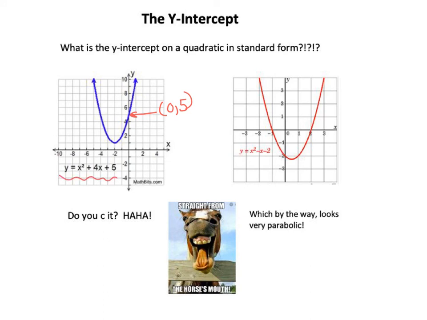What about this one here? What's my y-intercept? It would be 0, -2. Do you see anything? I'm hoping you do. When it's in standard form, the c value is the y-intercept. Why is that? Because you're plugging in 0. If you plug in 0, you're going to be left with just the constant.